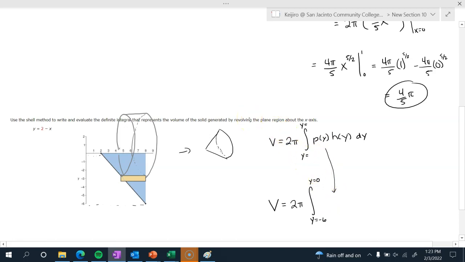And if we think about the radius in those terms, okay, so we're starting at y equals -6 and taking slices, going all the way from -6 up to y equals 0.